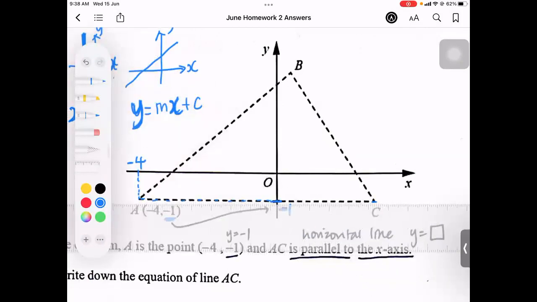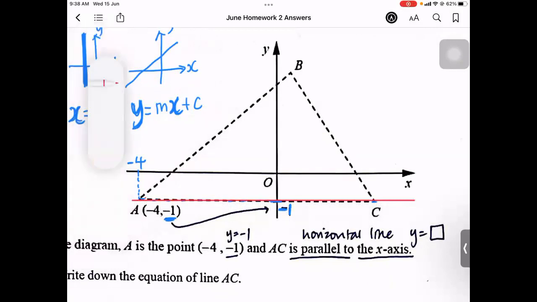Okay, so if we have one same straight line over here, this is a horizontal straight line. I'm going to check my ruler. Okay, this is a horizontal straight line. A horizontal line cuts the y-axis at the number -1.